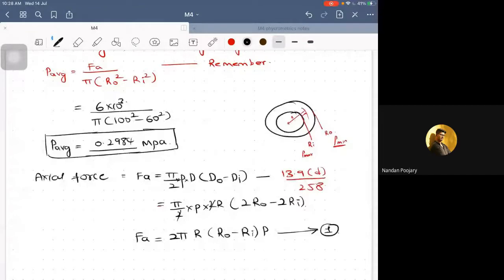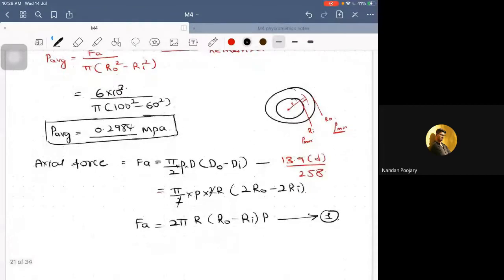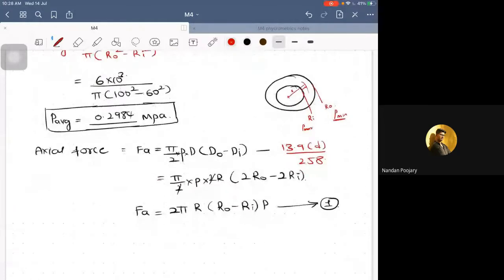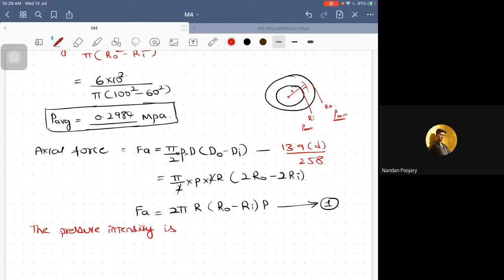Okay. Now, I told you just now that two cases are there. Just write this. I would write it in red color because this is a new concept. The pressure intensity is minimum at where?